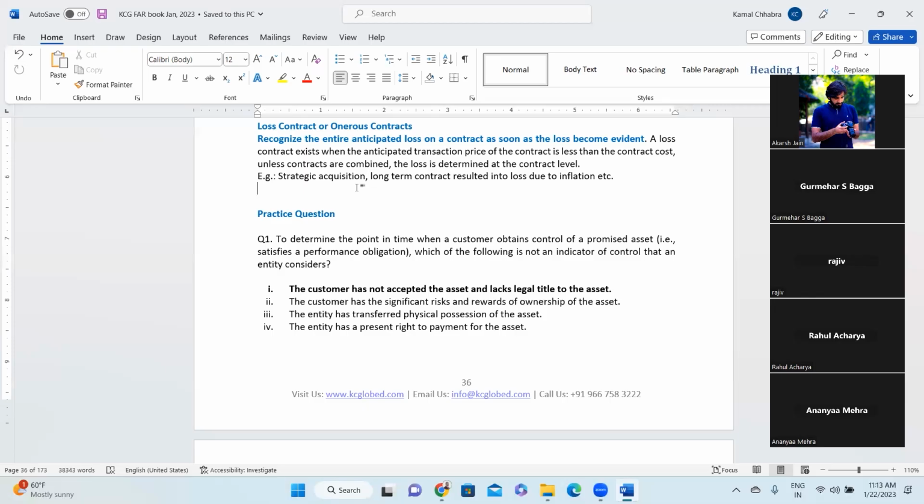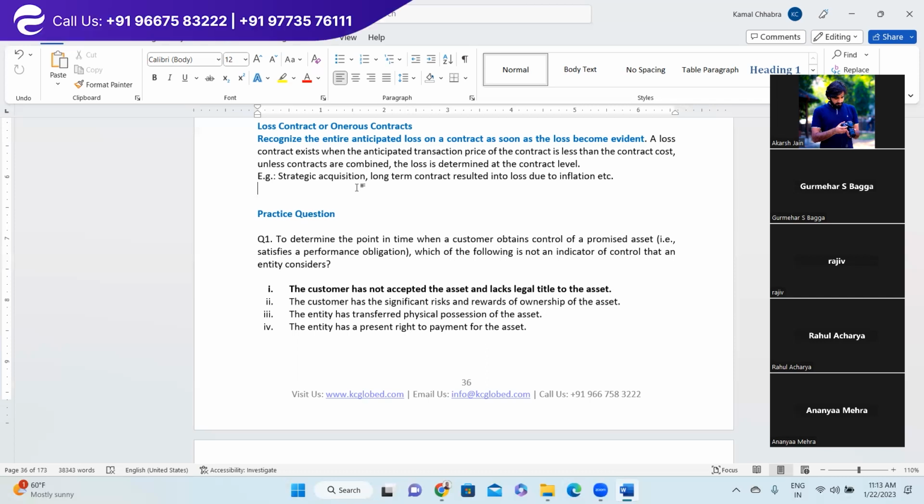So here you need to evaluate how much loss you will end up incurring on the particular contract. If the loss is on account of your mistake, your wrong estimation, or inappropriate drafting of the contract, then you must book the loss upfront, the same day, as and when you get to know you will end up incurring the loss.